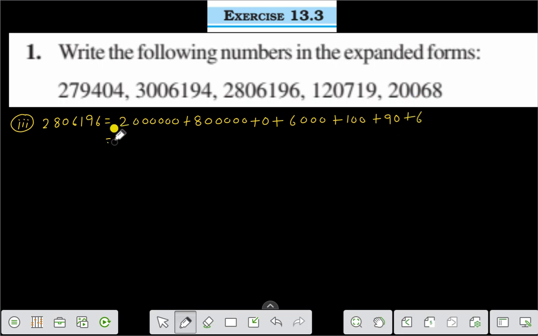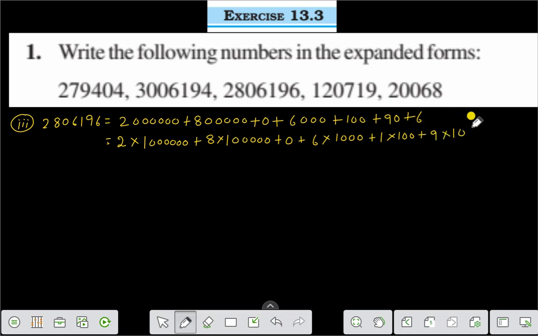Right? It can be written as 2 into 1 followed by 6 zeros, plus 8 into 1 followed by 5 zeros, plus 0, plus 6 into 1000, plus 1 into 100, plus 9 into 10, plus 6 into 1. Right?